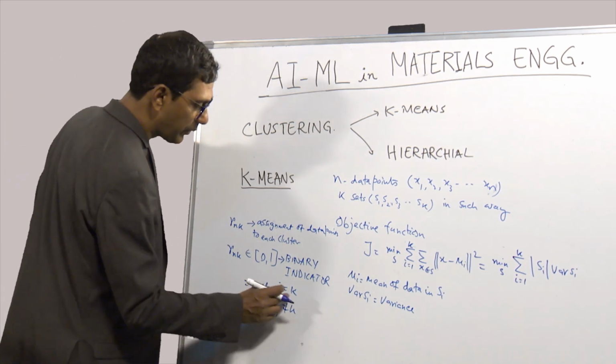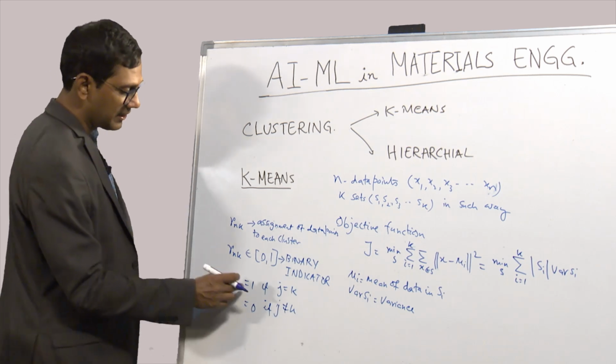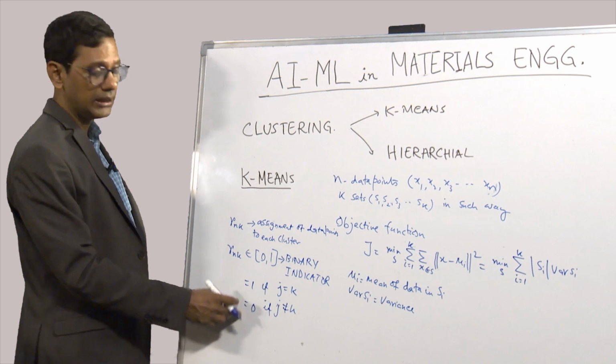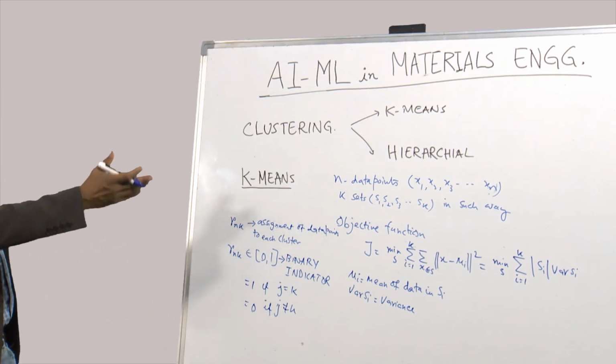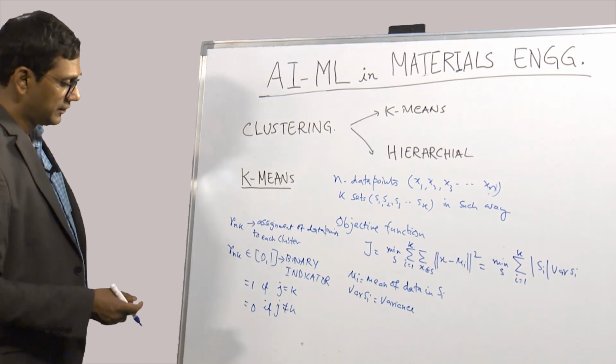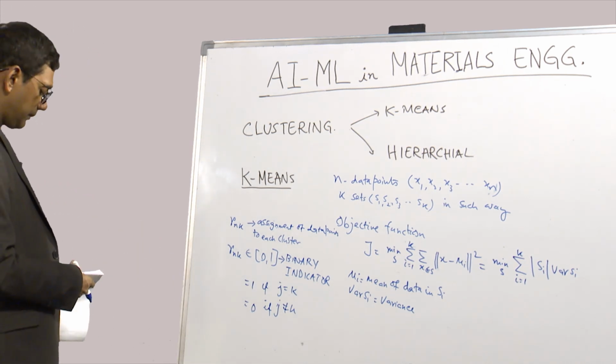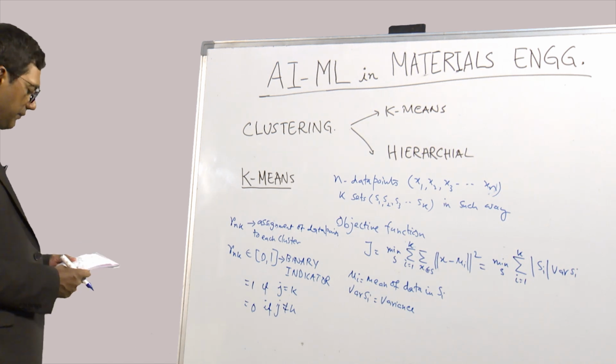That is what it is. If a data point belongs to a particular k set, then r nk will be 1. If it does not belong, it will be 0. That is very simple. If it does not belong, then there is no point in calculating this objective function. So, that is why it can simplify our whole mathematical analysis for this objective function.